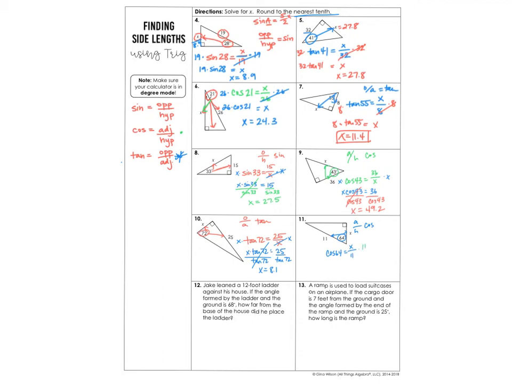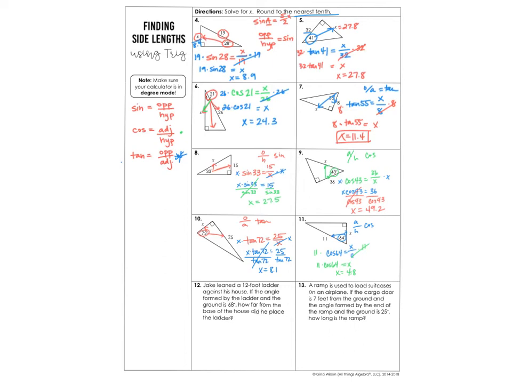It's one less step. We need to multiply by 11 to get the x by itself. So x is 11 times cosine 64. So you're going to do 11 times cosine 64, close your parentheses, and you get 4.8. Okay, so that is all for the regular problems.